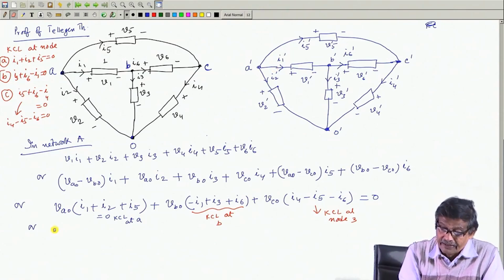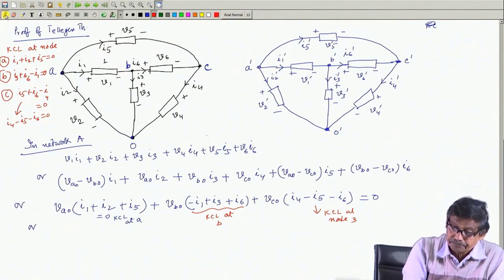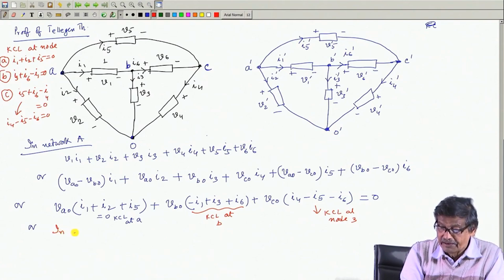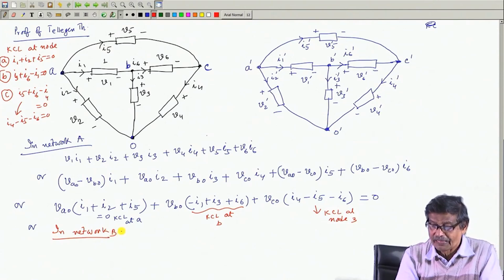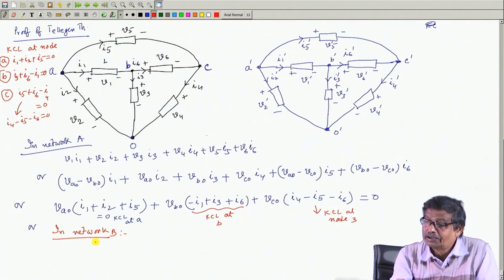What I am telling, in network B, which is totally a separate network, network B, only thing, all the quantities here have been replaced by primes.